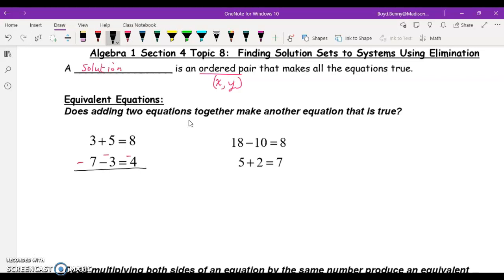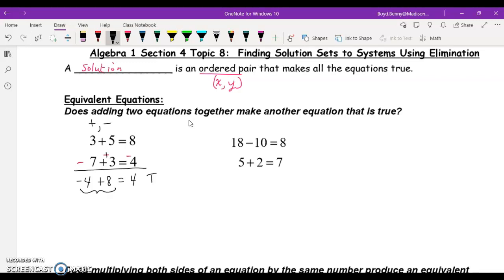So let's see here. 3 minus 7 would be negative 4. 5 minus negative 3, that becomes plus a positive, that would be plus 8. And 8 minus 4 is 4. So here's the question, is negative 4 plus 8 equal to 4? Well, yes, it is. So this is a true statement too. So here in the first example, we see that addition or subtraction will give us an equivalent equation.